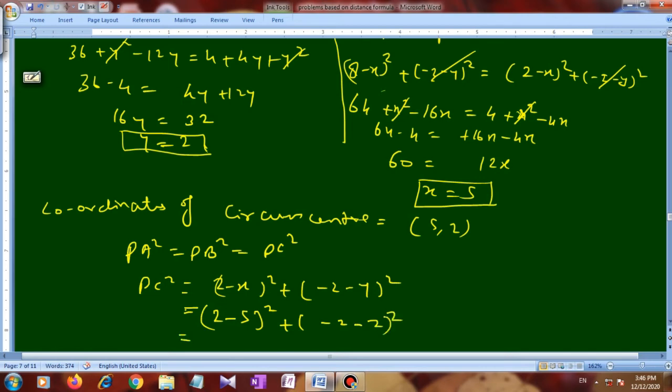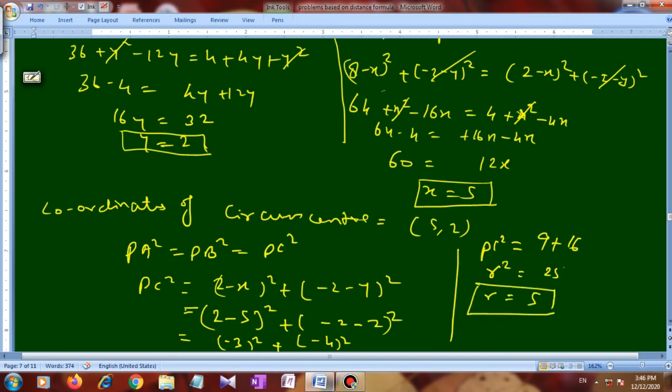So this will become (minus 3) square plus (minus 4) square. Clear? So PC square will be 9 plus 16. PC means radius, so radius square is 25. So R equals 5 units. Clear? So the radius of the circumcircle will be 5 units, and the circumcenter is (5, 2). So this is our required answer.